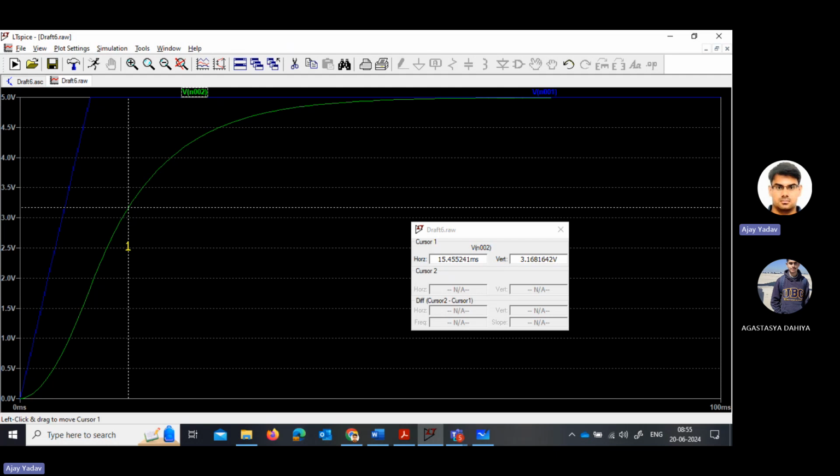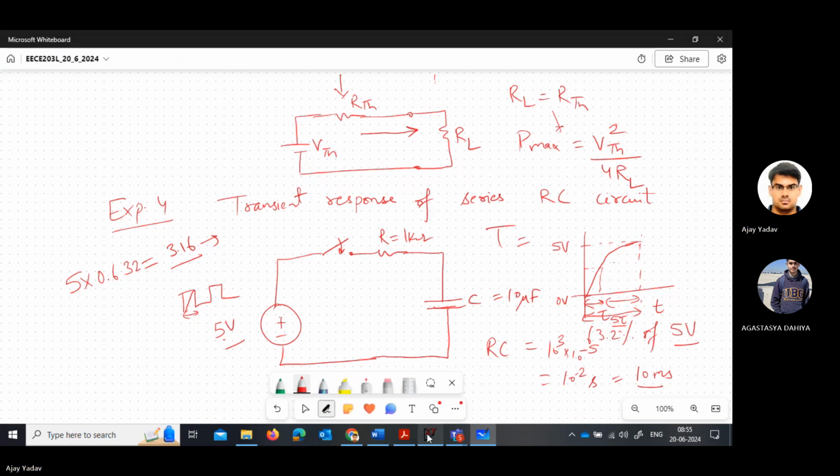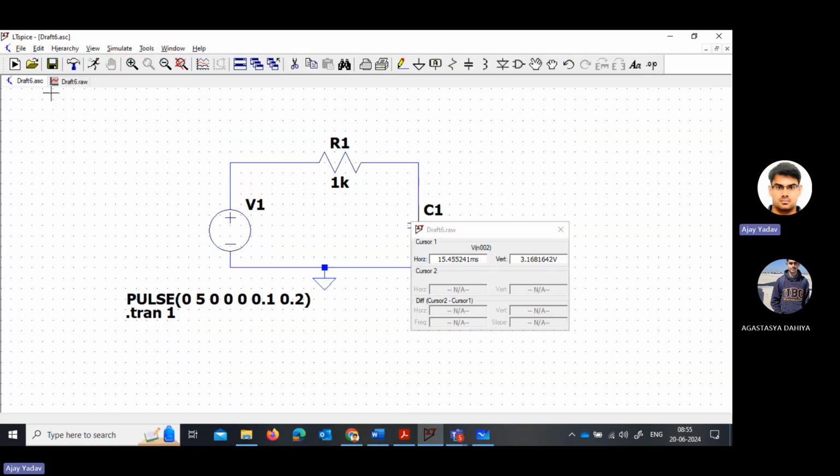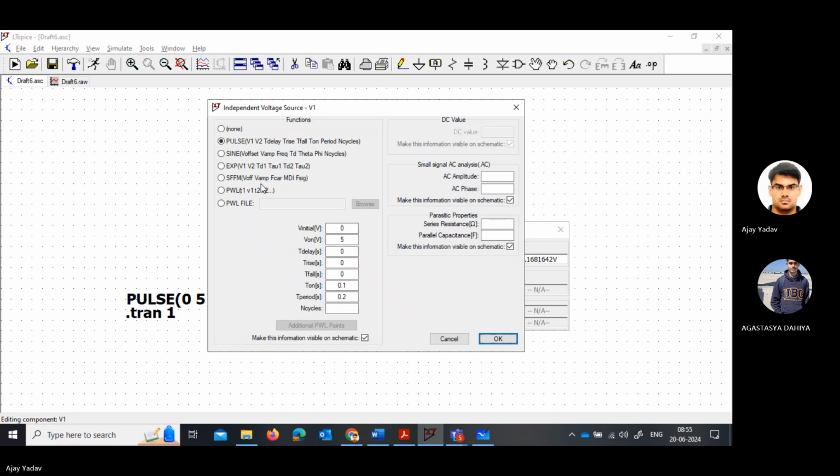Now, practically it's not completely transient. We need to give some values, because ideally the response is a step, but it is not practically. So in the analysis part, we will give some rise time.